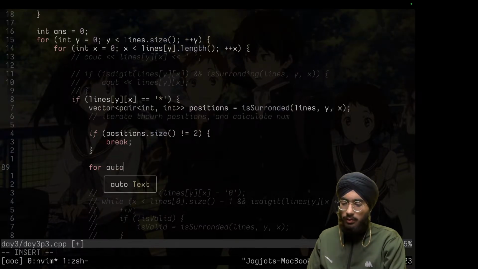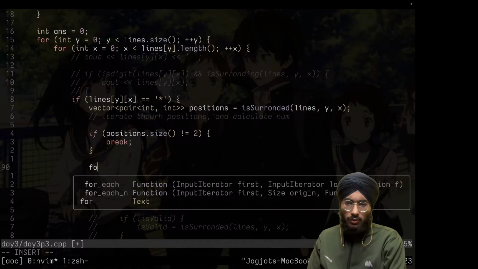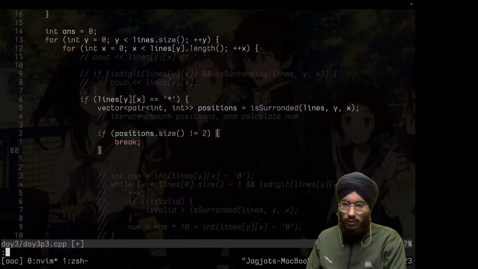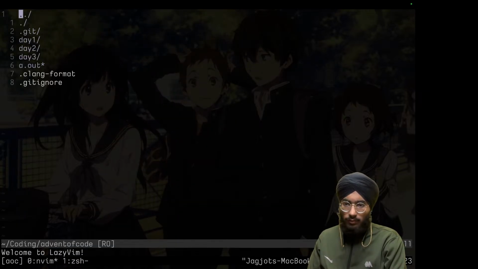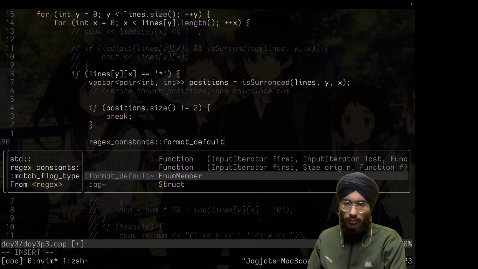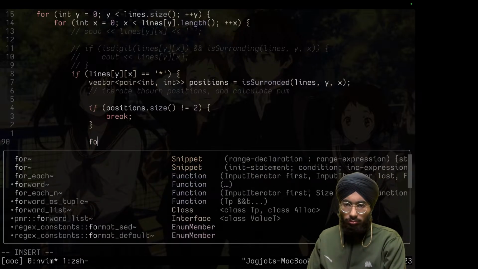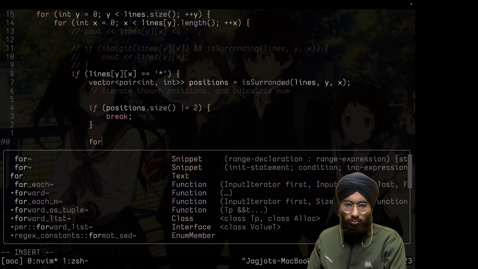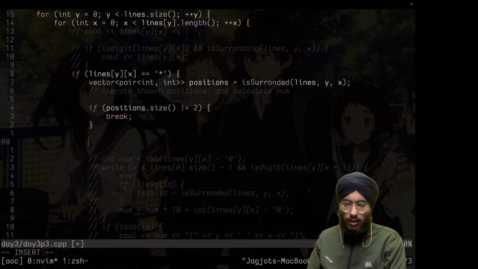for auto, for each. Okay, I do not have a snippet for that.